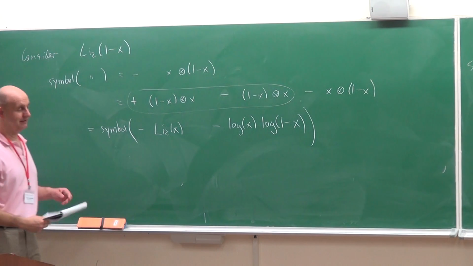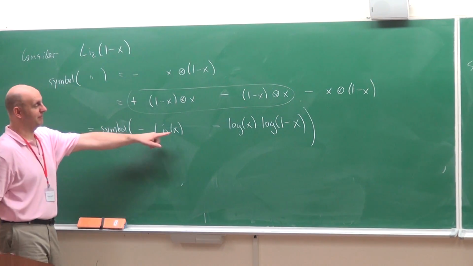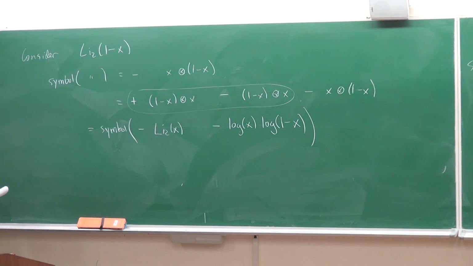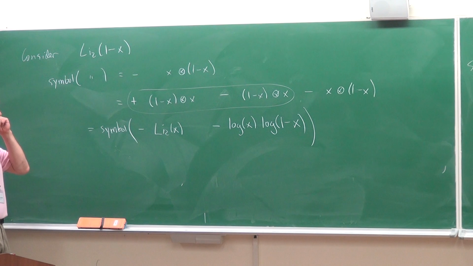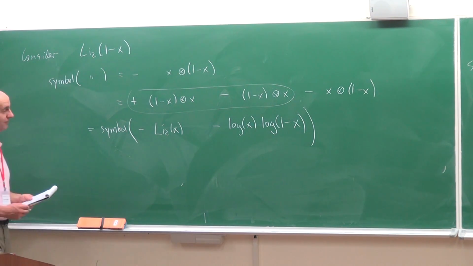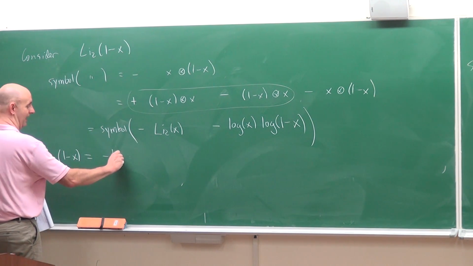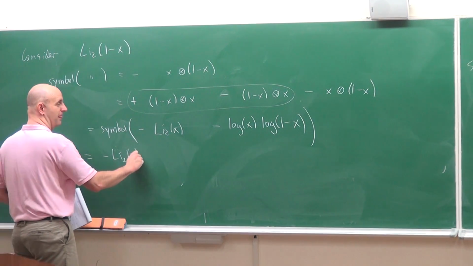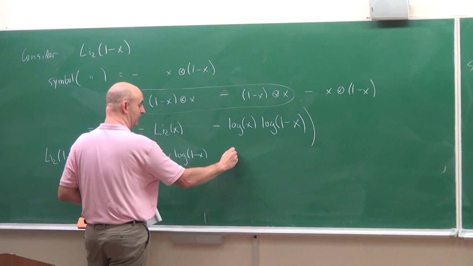So what I verified very quickly here is that the symbol of this Li2 function is the same as the symbol of that Li2 function. And so that implies that there should be an identity between these two, modulo possibly terms of lower transcendental weight. You might be familiar with this as one of the Li2 identities. So Li2 of 1 minus x is equal to minus Li2 of x minus log x log (1 minus x), modulo pi.